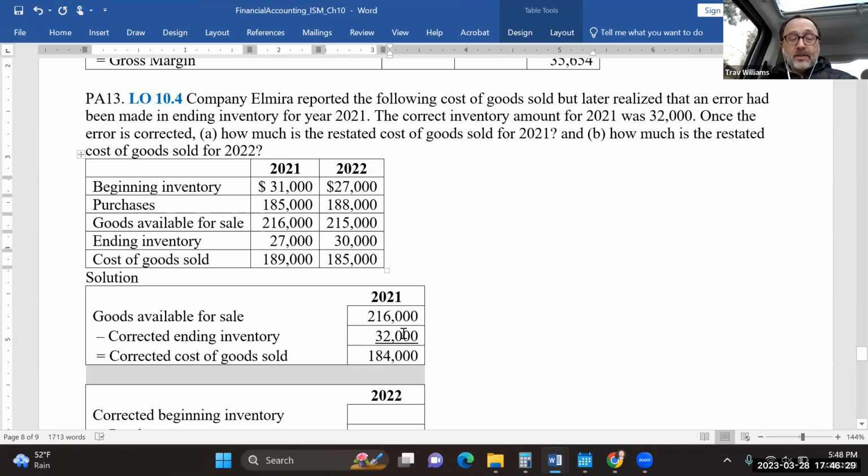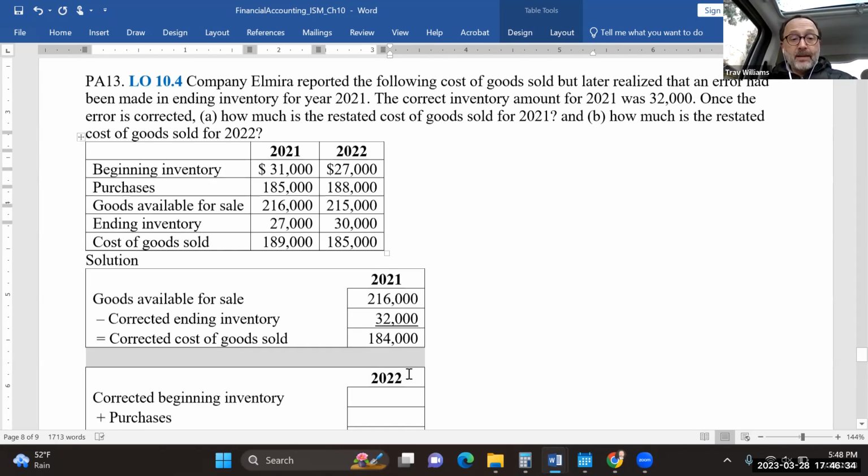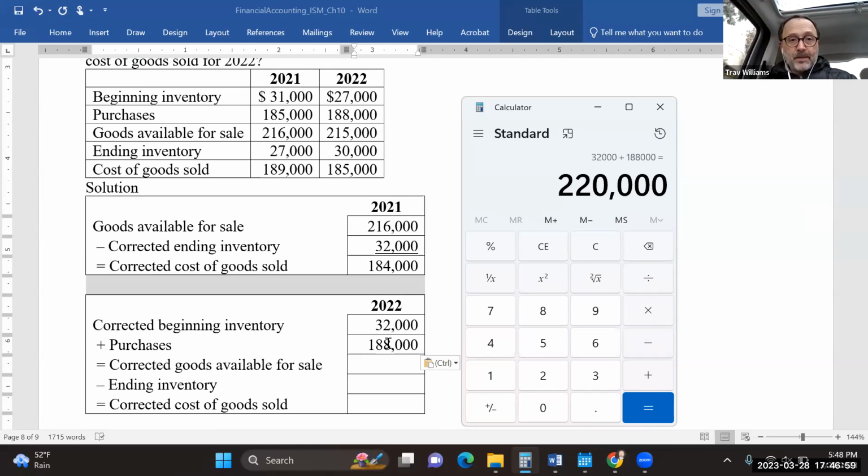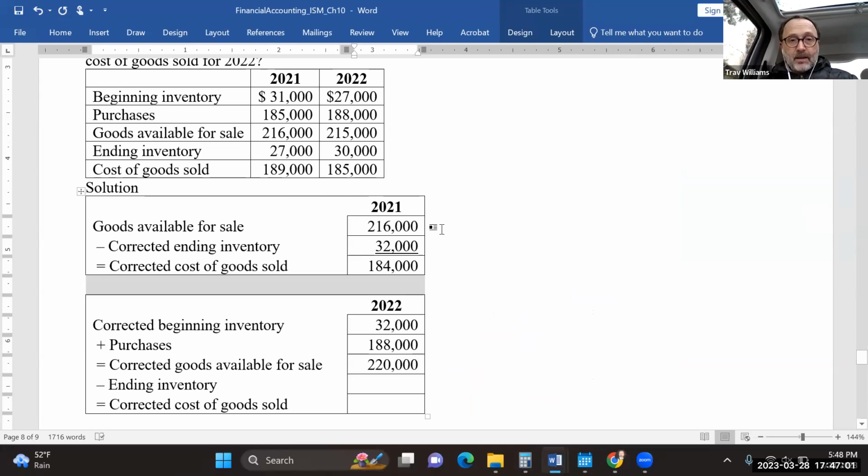Okay, and if 32,000 is our ending inventory in 2021, that becomes our beginning inventory in 2022, so we have to correct that as well. Then we add our purchases. Now our corrected goods available for sale is 220,000. So that also got changed by $5,000. And then our ending inventory is correct.